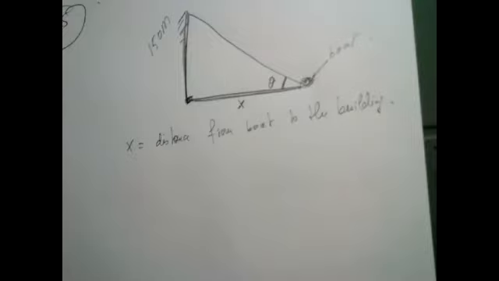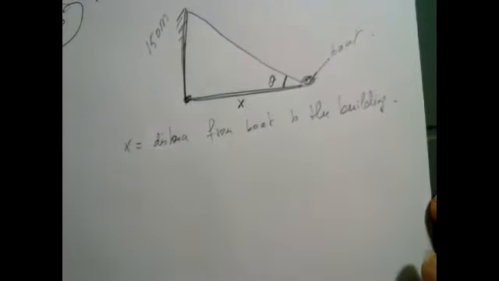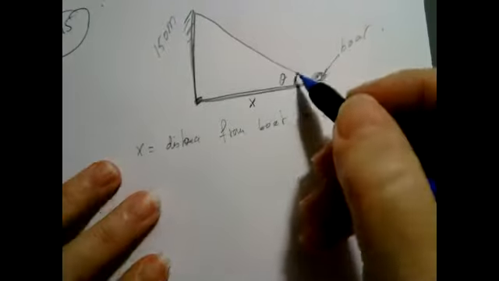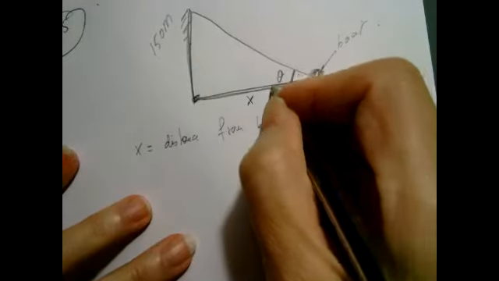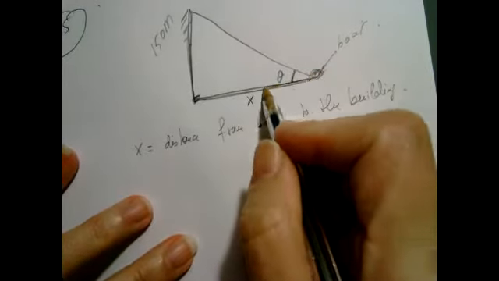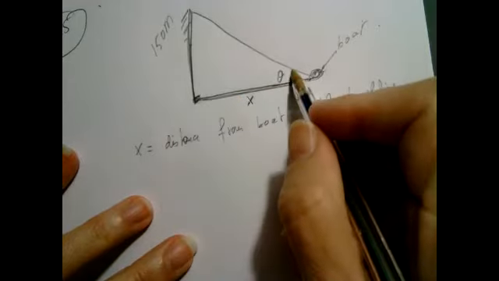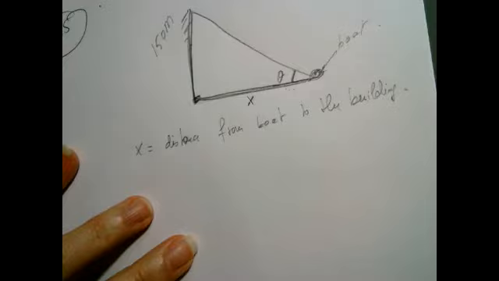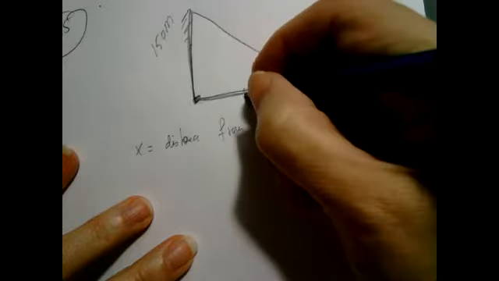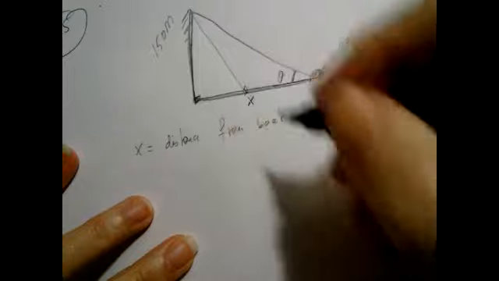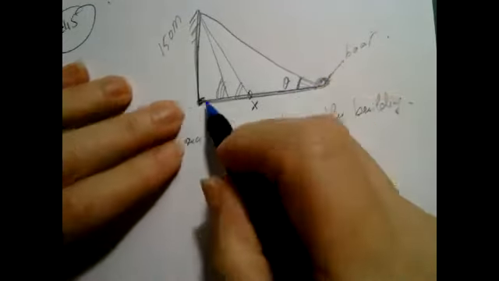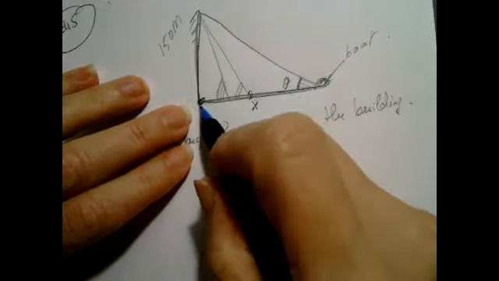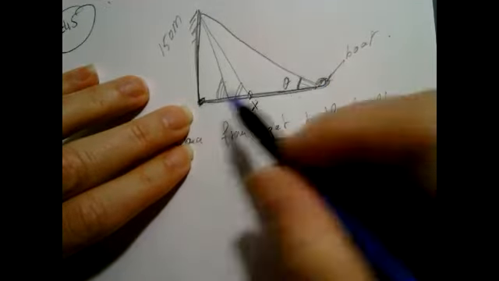Okay, so that's what it is. And theta is this angle. Now the idea is as x changes, as the boat approaches the building, the angle theta is changing. As we get closer to the building, the angle gets bigger. So the angle theta is changing with how far the boat is from the building, and it's increasing.